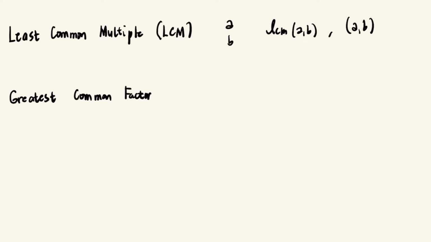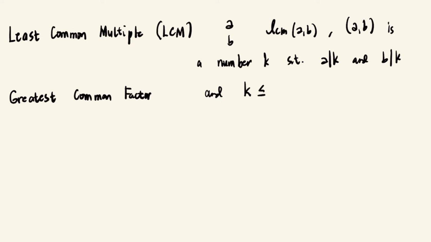So the LCM of numbers A and B, denoted by either this or this, whichever is your choice, is a number K such that A divides K and B divides K, and K is less than or equal to J for all J divisible by A and B. So anong ibig sabihin nito?